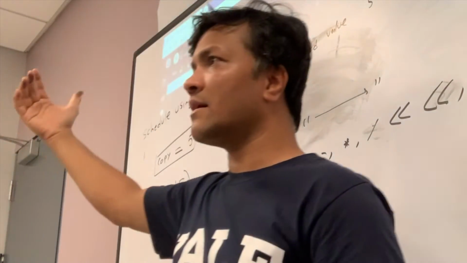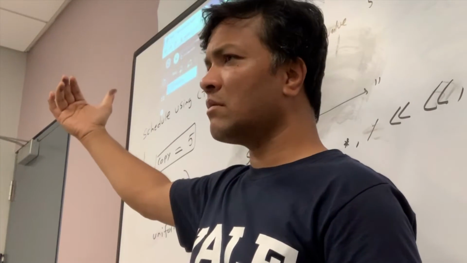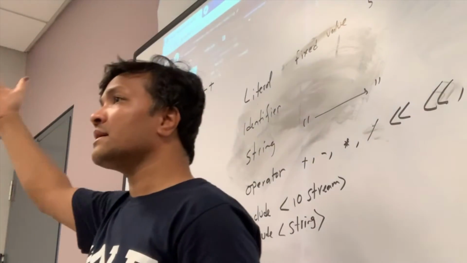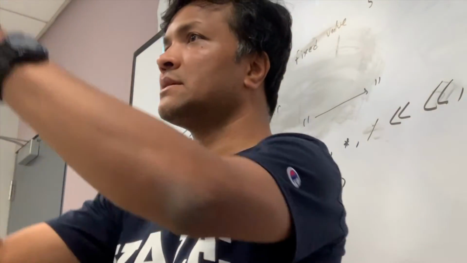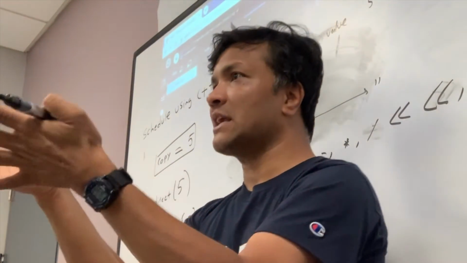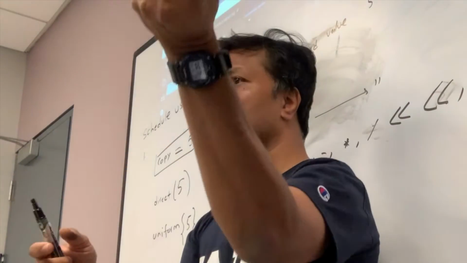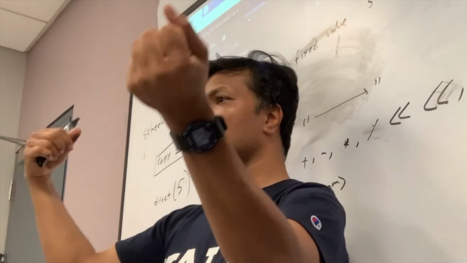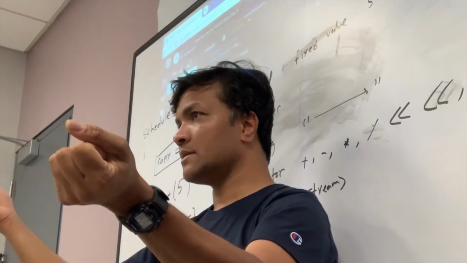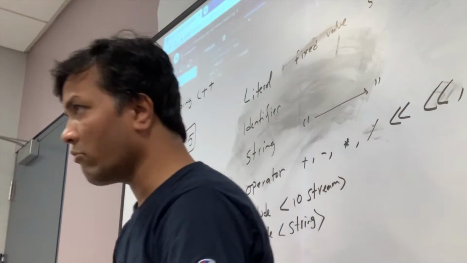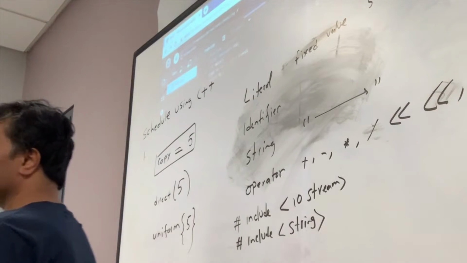Giga. And 10 raised to 12? Tera. So remember, 1 bit is what? We talked about it last time. 1 bit is what? 0 and 1. Right? Okay. All right.